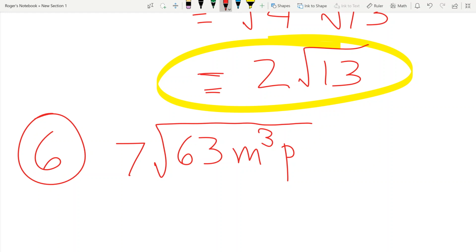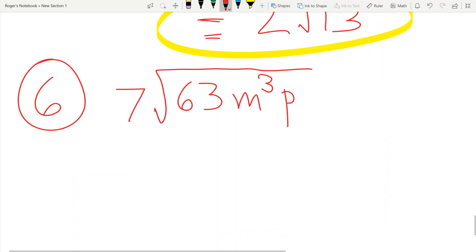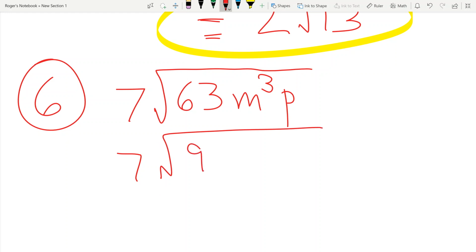So since it works out like that, we can just go ahead and break this down as 7 times the square root of 9 times 7 m cubed p.